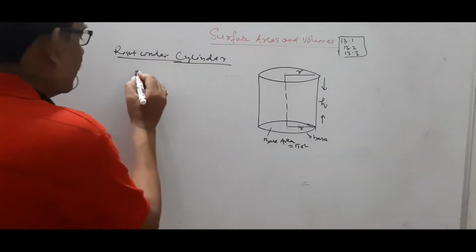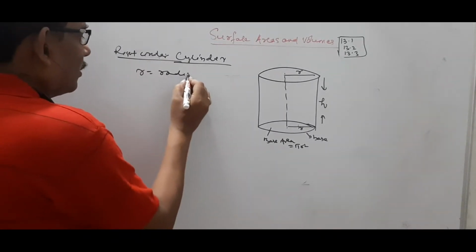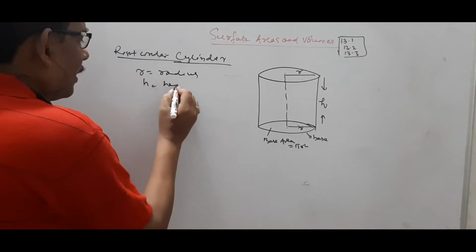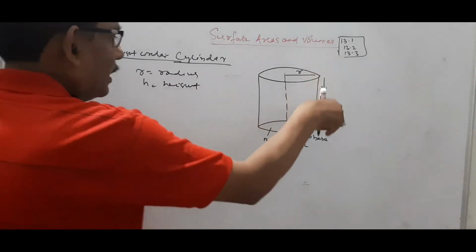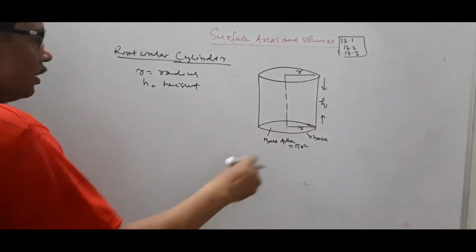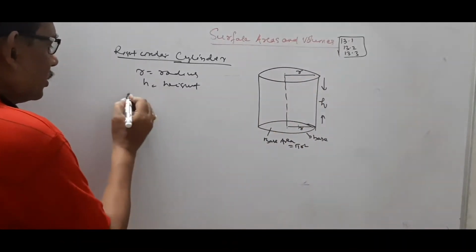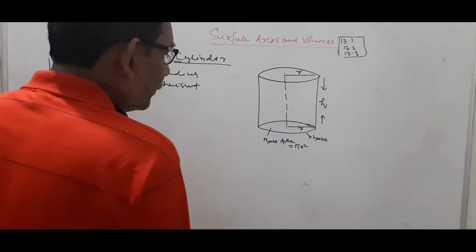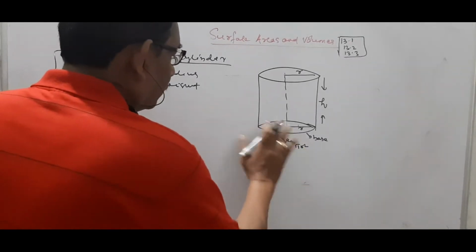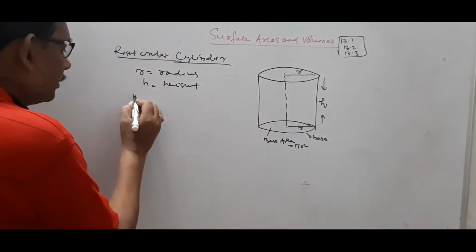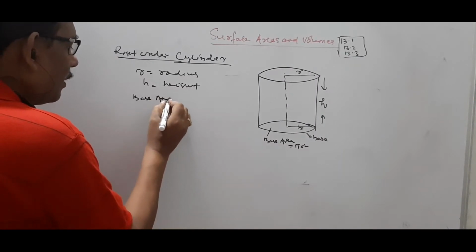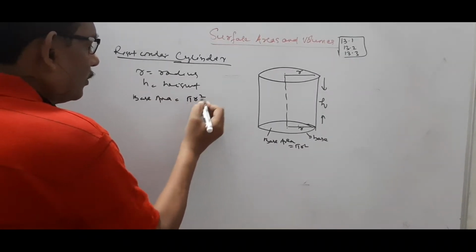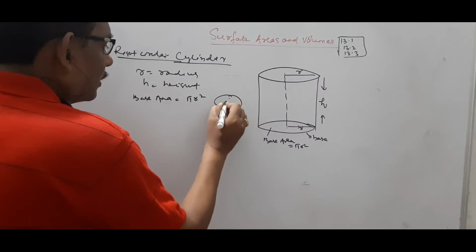Already described this. To calculate the base area, it is pi r square. It is just a circle.